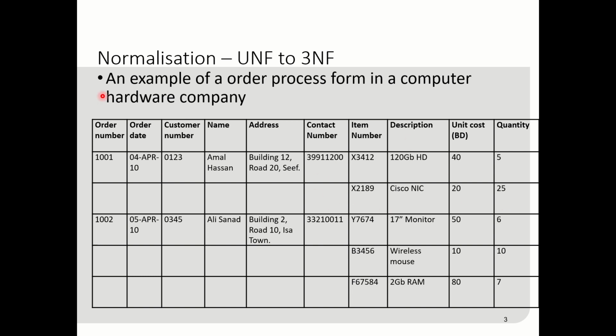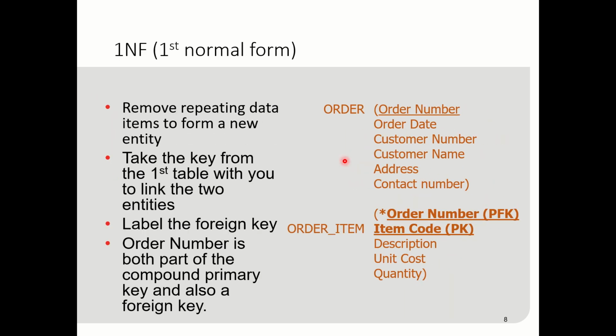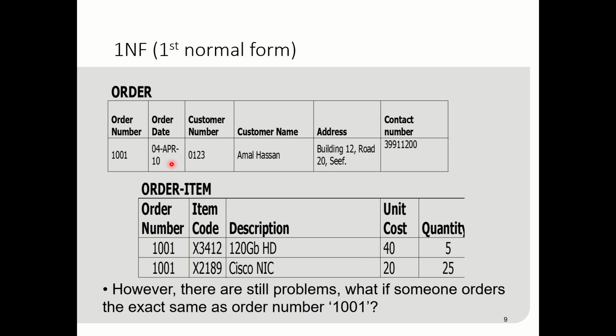Okay, so you're taking the combination of order number and item number, right? So that is what we have basically done. So these two is a combination of this particular composite entity. Now you will have this order table with all this particular data, and you will have this order item table, which is the composite entity, which has got all this particular data.